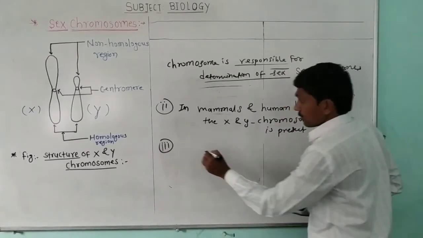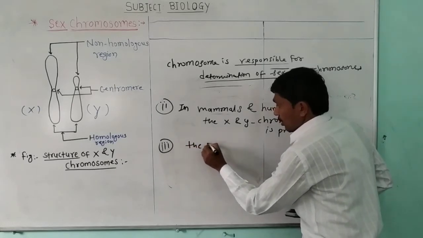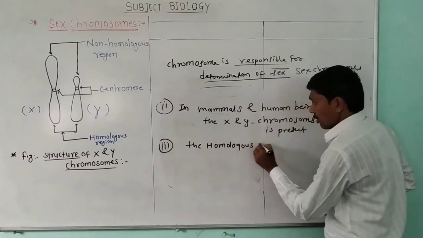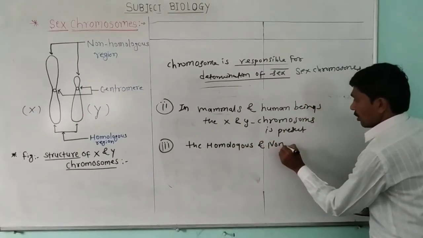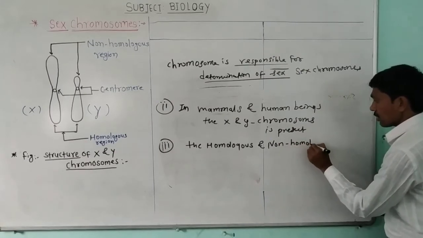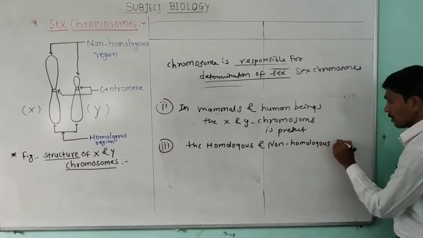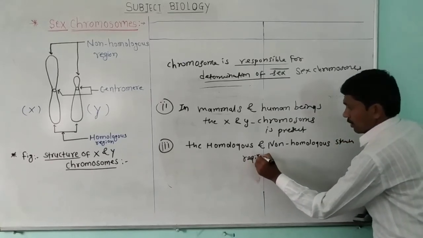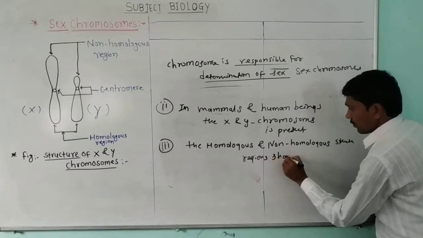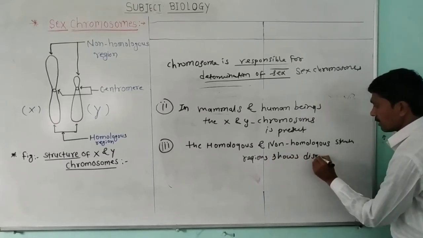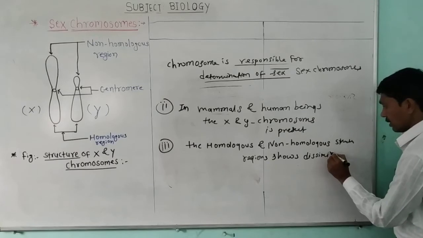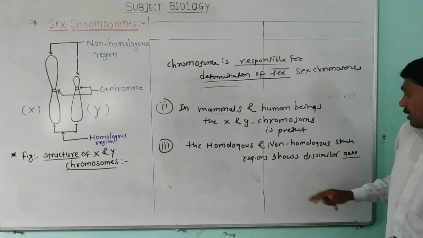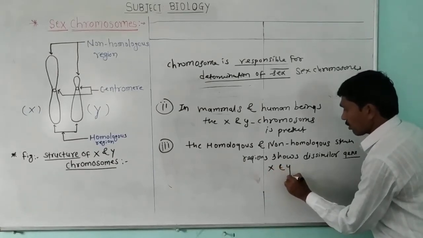So here the homologous and non-homologous regions show dissimilar genes present in the X and Y chromosomes.